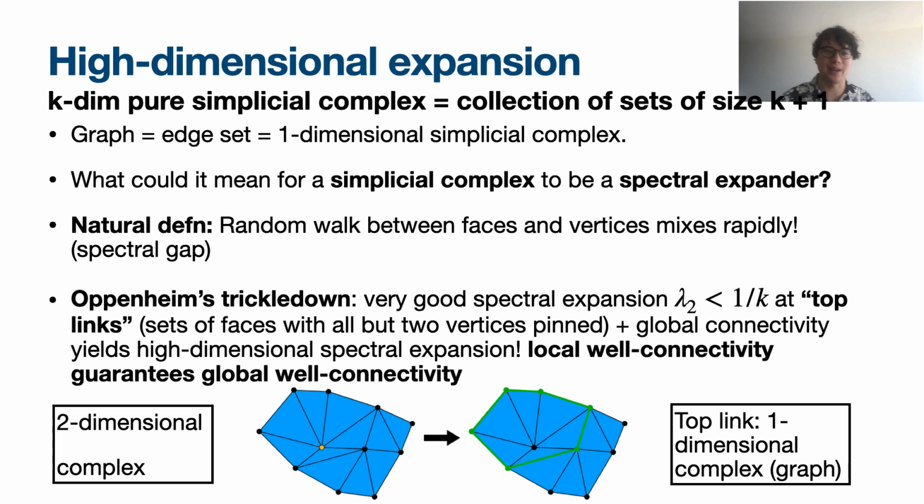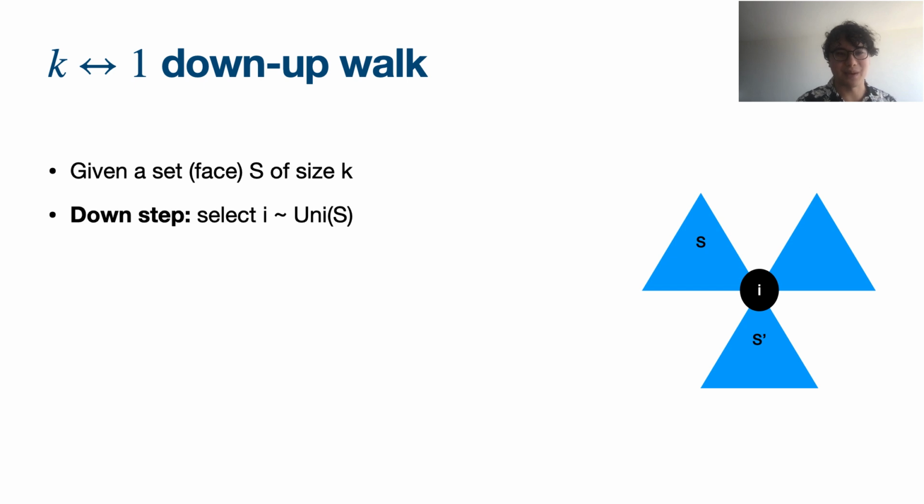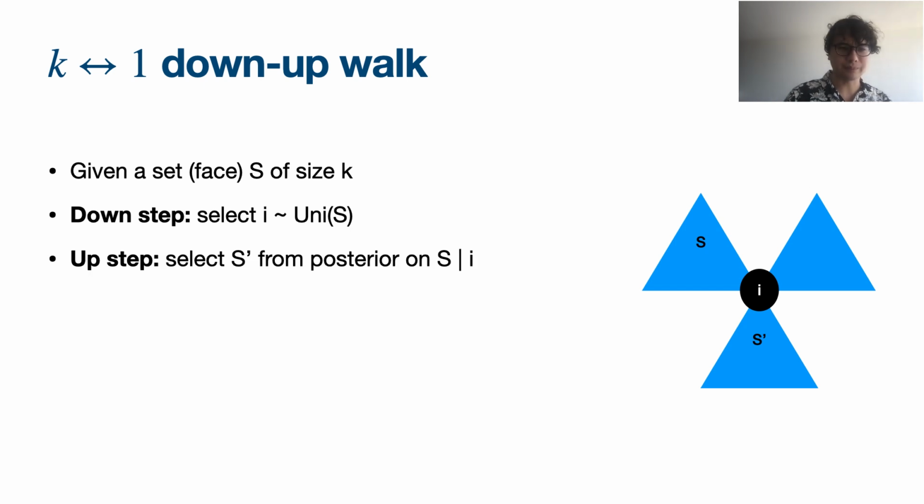That's called the k-to-1 up-down walk, or down-up walk. This is exactly what I wrote. There's a down step: you start at a set S, you go down to a vertex i. And there's an up step where you sample from the posterior, given that the down step led you to this vertex.